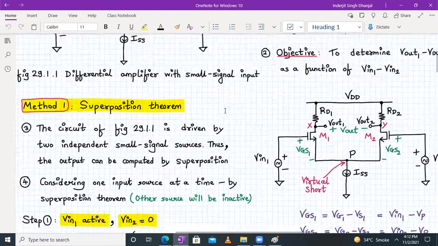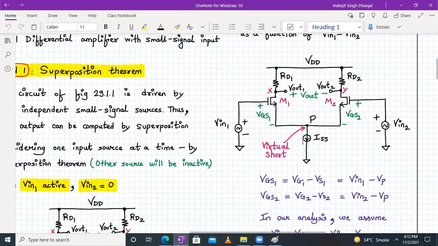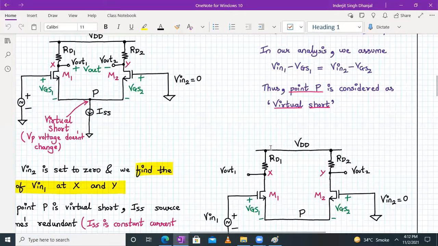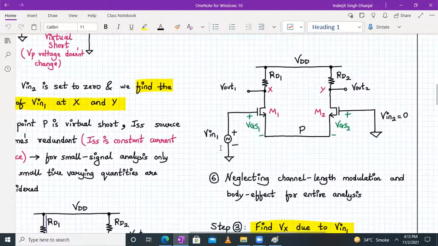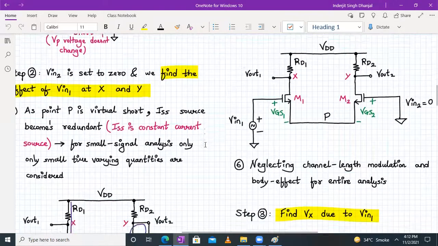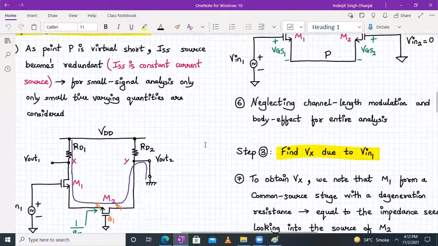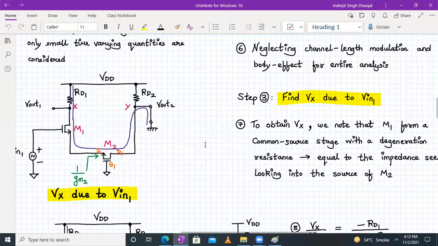We activated one source while the other source was deactivated, and finally we believe that your VP point does not change, and based on that, we derived the formula for Vx minus Vy.